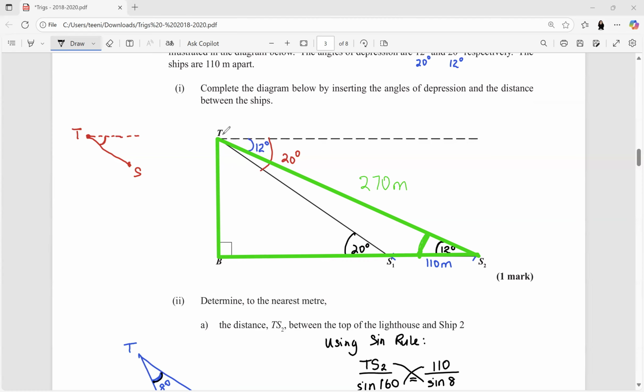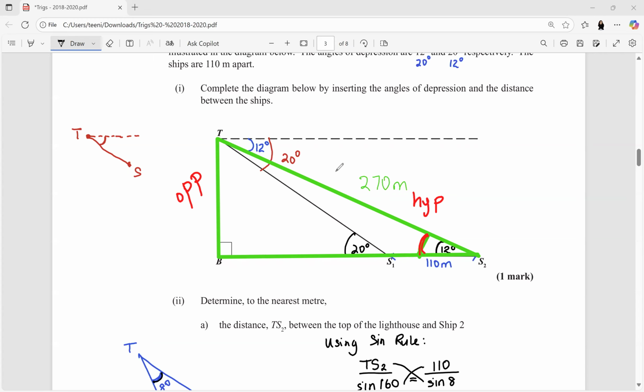First things first, I hope you all recall that when you're using trig ratios, you need to label your sides. So your angle of reference is this angle of 12 degrees here. 270 meters is your hypotenuse, right? And the side that we want to find, TB, is our opposite side.